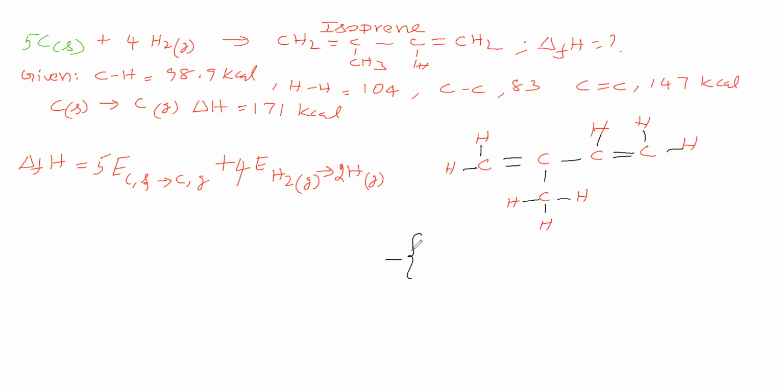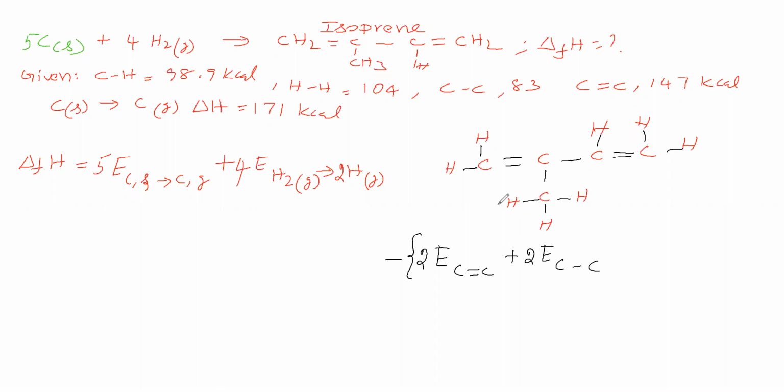Okay. Now what are the bonds formed? That we'll see. Here carbon double bond, 2 moles of carbon double bond is produced. Then carbon single bond, therefore 2 moles of carbon single bond.